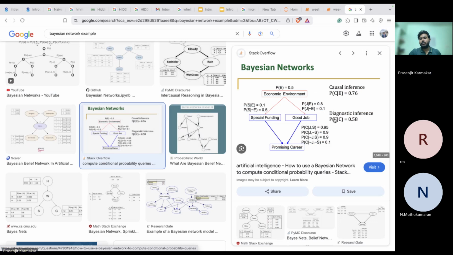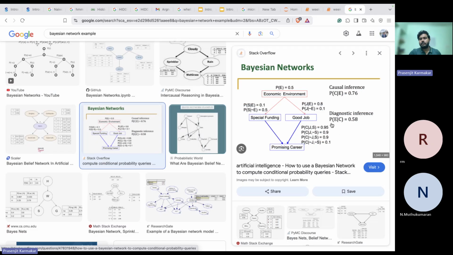Now let's say I want to compute what is the probability of economic environment given I have a good career, right? So this entire chain I can compute by multiplying along this path. Okay.